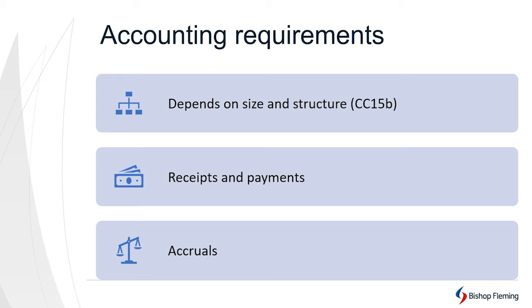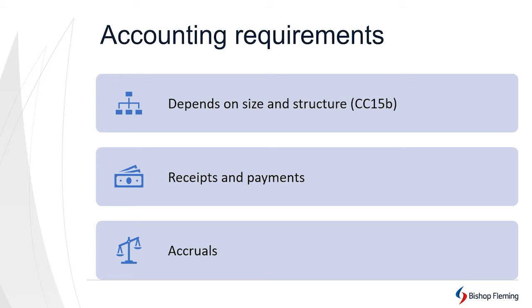So it is the smaller, less complex charities that have this option. And it is what it says on the tin: receipts and payments. It's a glorified cash book. You are just looking at what money has gone through the bank, what transactions have physically been processed. So it's quite a simple format of accounts, but that saves costs and time for those smaller charities. It's trying to reduce the burden on those small charities.